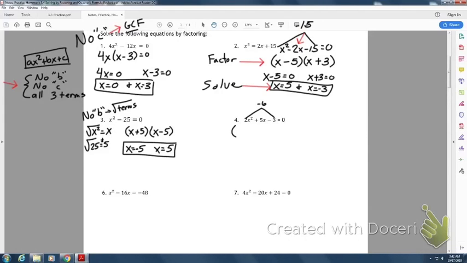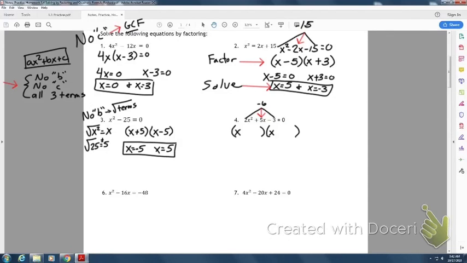So I'm going to come down here and write that out. Can somebody tell me what the factors of negative 6 are that add up to positive 5?